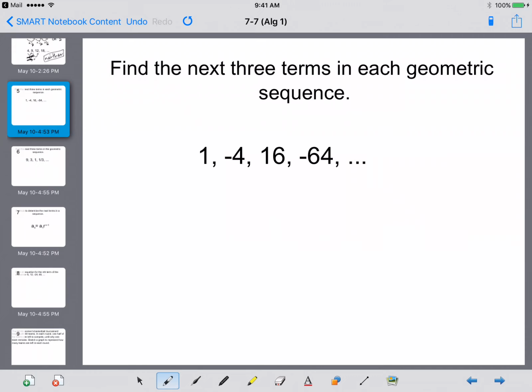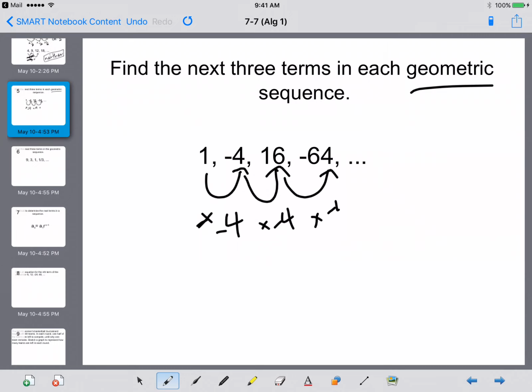Here it wants us to find the next 3 terms in each geometric sequence. So to do that, we have to figure out what our common ratio is. So to get from 1 to -4, we know it's geometric, so we're multiplying by something. So what you multiply 1 by to get to -4 is -4. -4 times -4 is 16. 16 times -4 is -64.